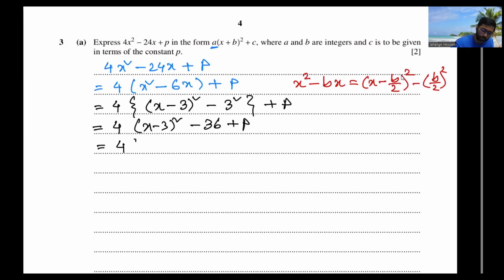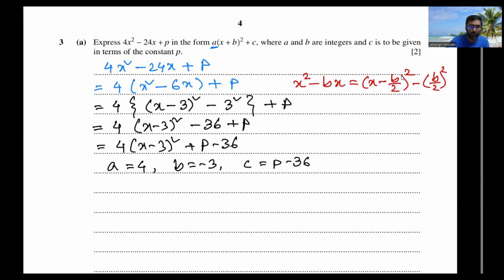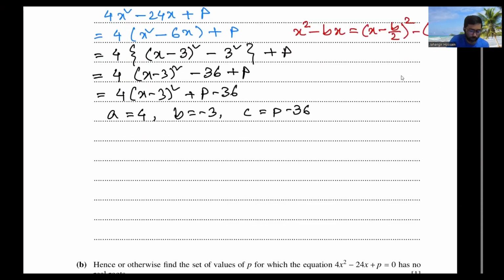So we have 4 into (x minus 3) whole square plus p minus 36. So a is 4, b is minus 3, and c is p minus 36. That's part A. Now let's move on to part B.